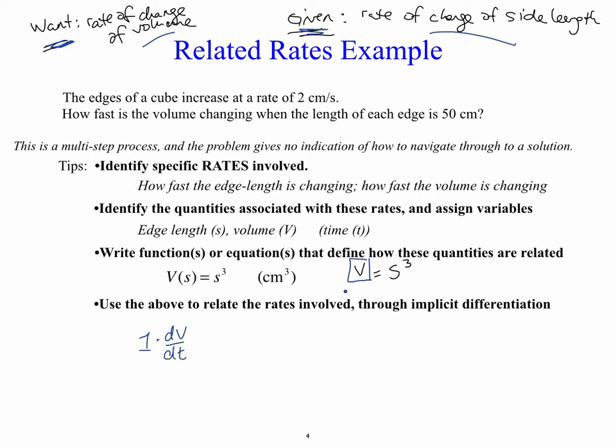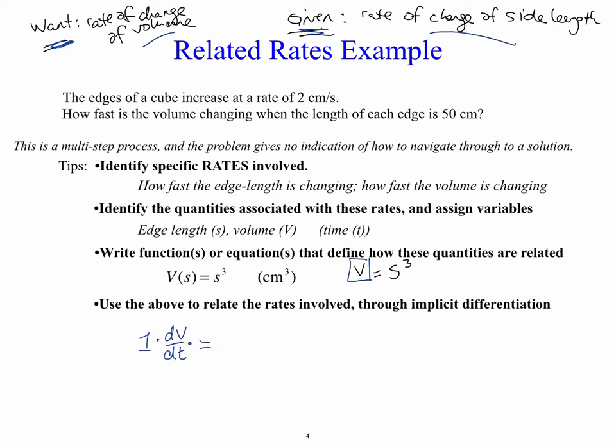So the rate of change of volume with respect to time. That's exactly what this is, the rate of change of volume with respect to time, right? That's what this notation means. As long as you're keeping track of the fact that you're taking the rate of change with respect to time.